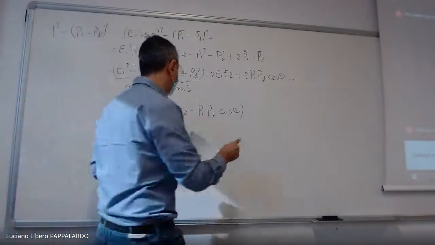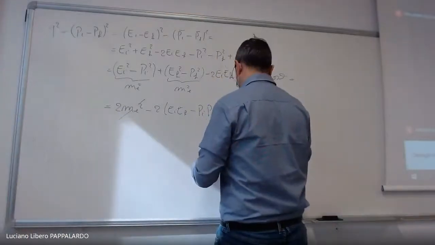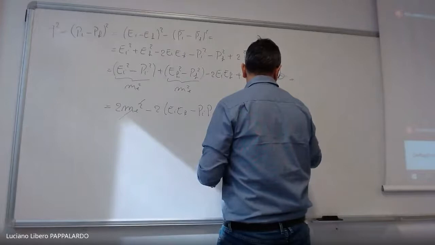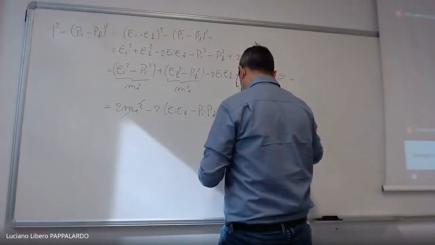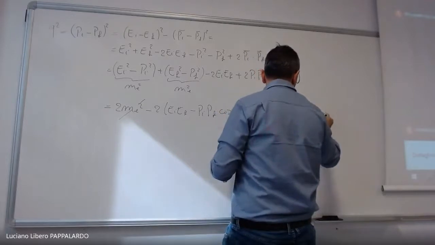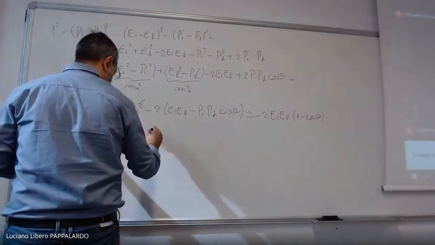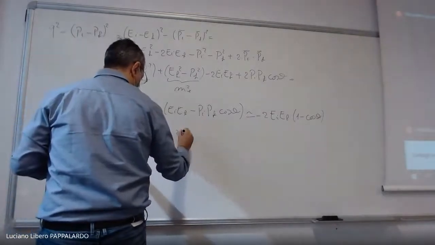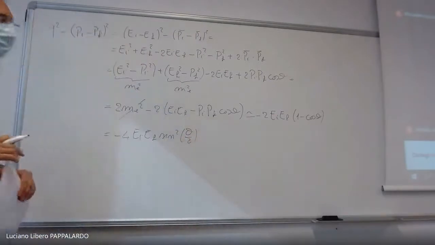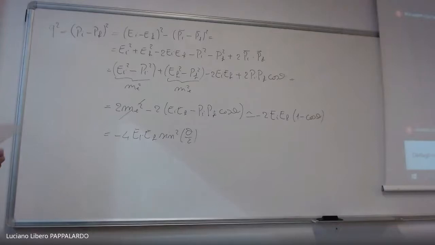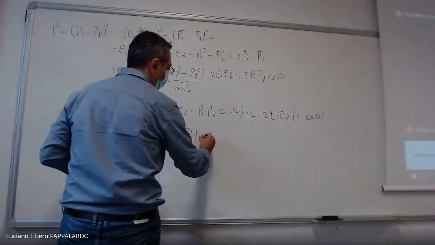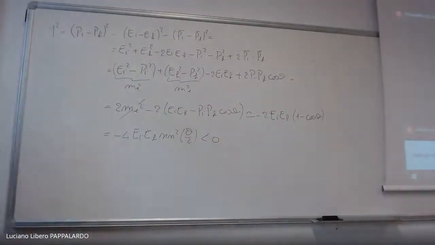So at the end this simplifies as minus twice E_I E_F (1 minus cosine theta), which corresponds to minus 4 E_I E_F sine squared of theta over 2, which by construction is negative. We will comment on this in a moment on the slide.